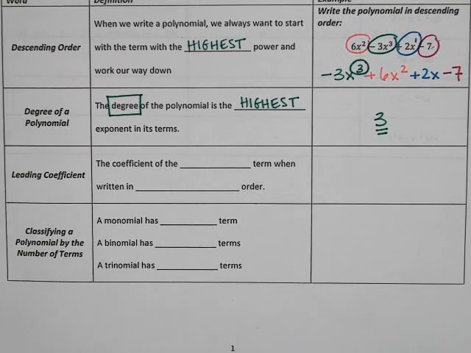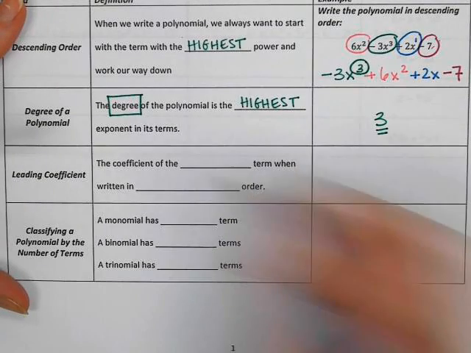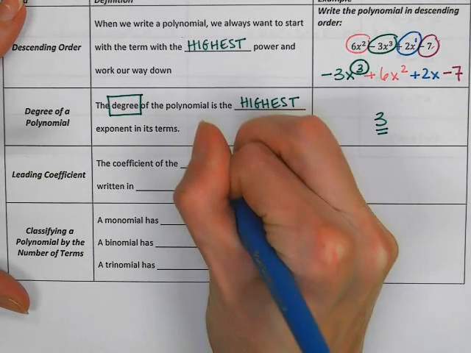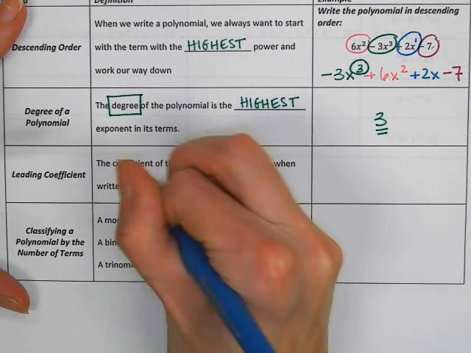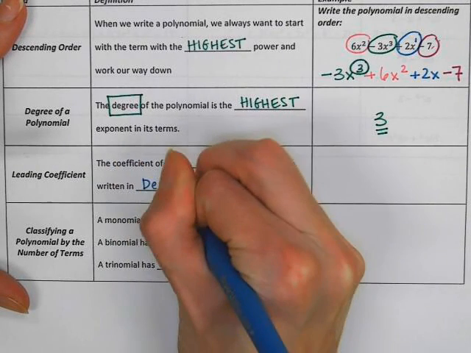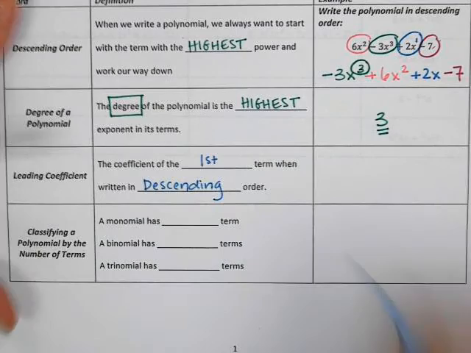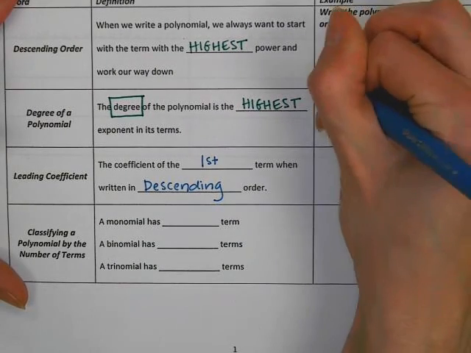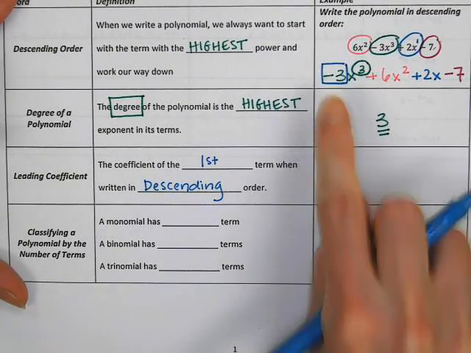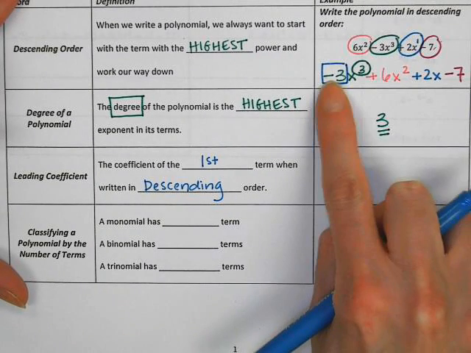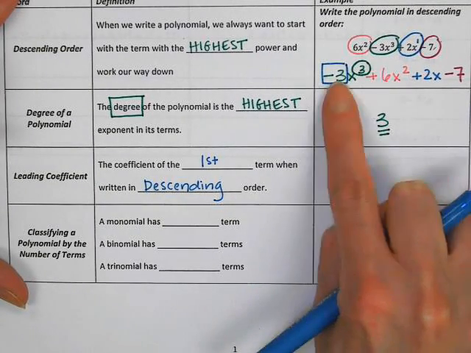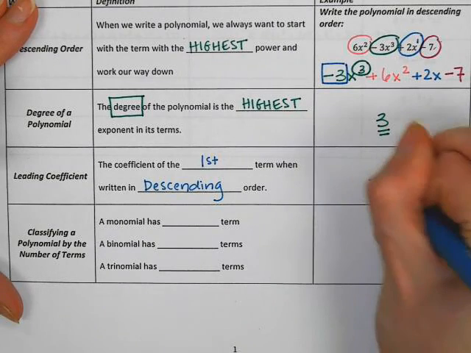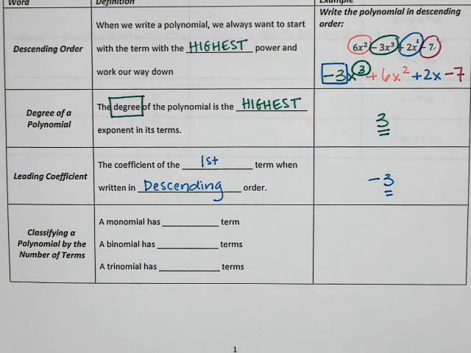The leading coefficient is the coefficient of the first term when it's written in descending order. So it's the very first number you see in front of the highest power. The very first number you see, negative 3, if it's in descending order.